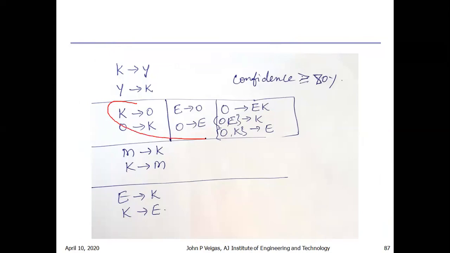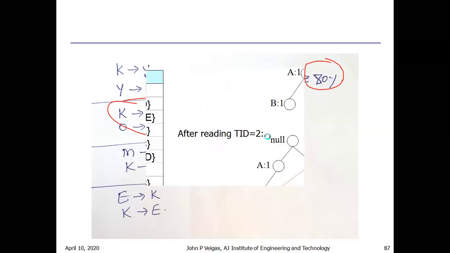For each one, I need to find the confidence value. The minimum confidence is given as 80. Whichever rules have confidence more than or equal to 80% will form the strong rules.